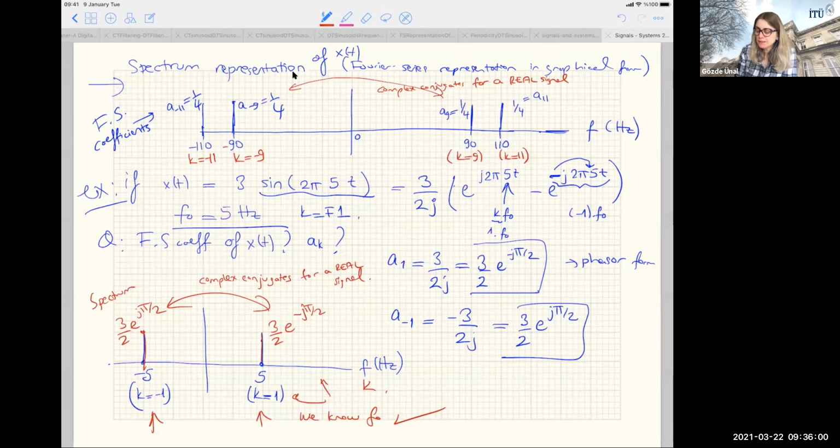Reading of the signal from the spectrum. Okay, so for instance, there will be k equals 2. Let's say I don't need to always have the first fundamental form or first harmonic. K is -2. Maybe let's say I have k equals 5 component, and it's a symmetric spectrum.